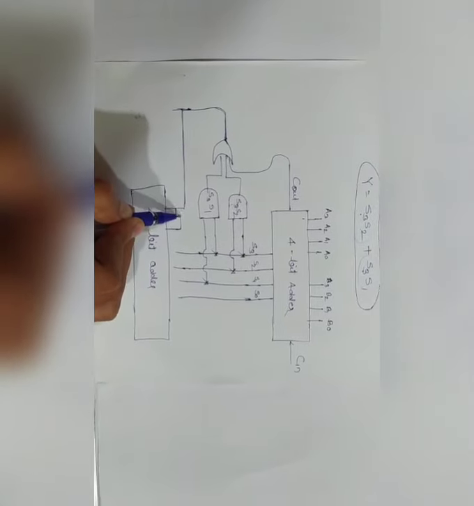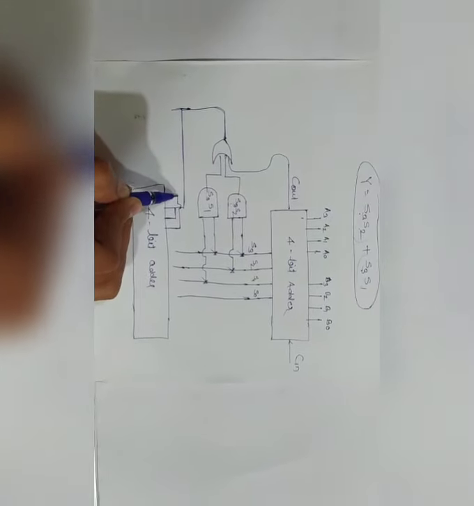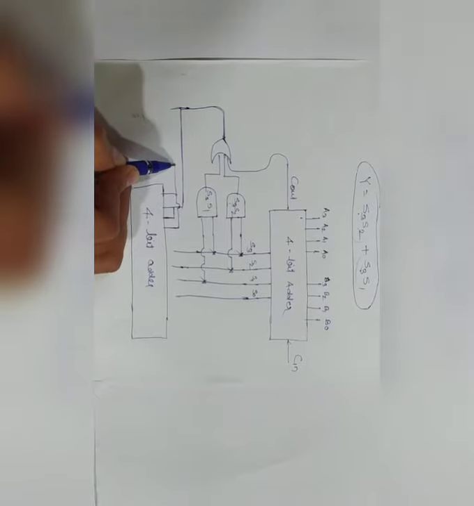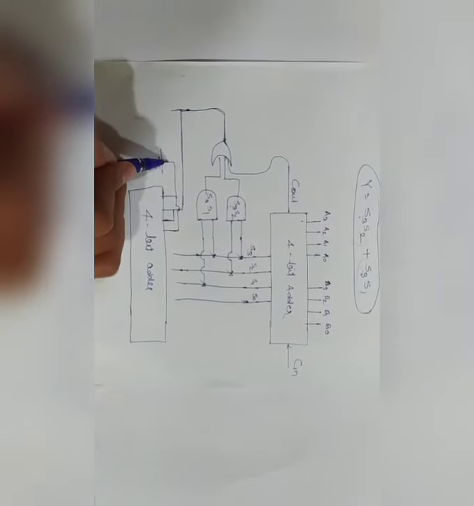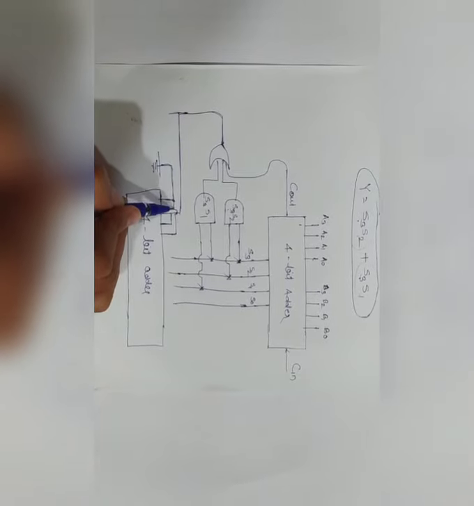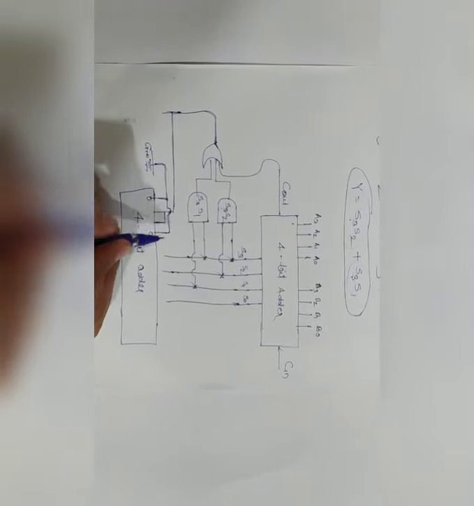Now here is my other bit, I'm taking it over here, and these 2 bits I am grounding. Which 2 bits? This one and this one, right? If I ground them, automatically this is 0 and this one is also 0, right?